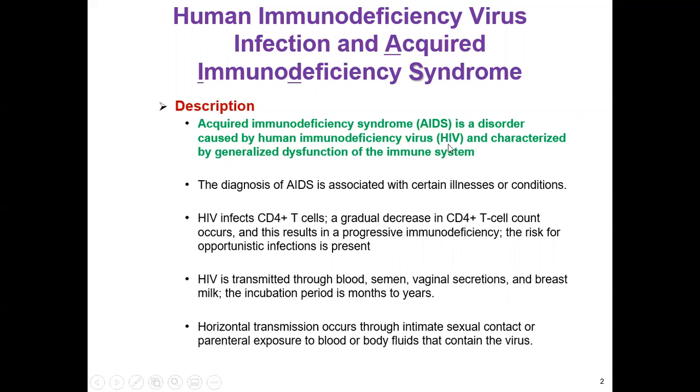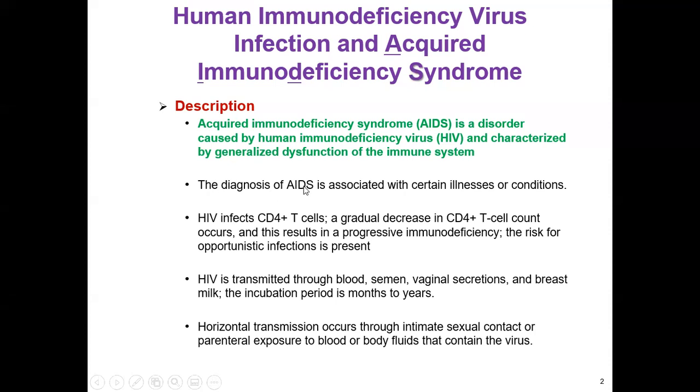And HIV is a retrovirus that targets CD4 lymphocyte. CD4 lymphocyte is a T cell, resulting in decreased immune function and susceptibility to infection. It is characterized by generalized dysfunction of the immune system.